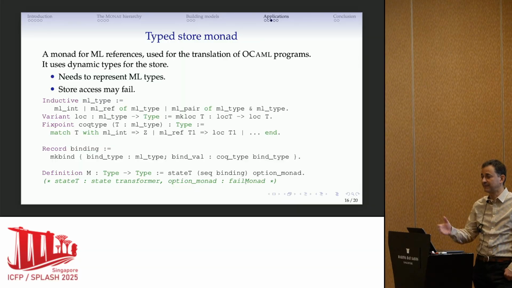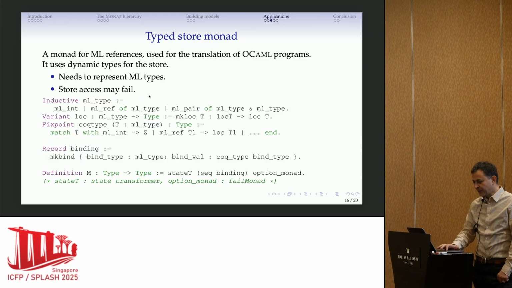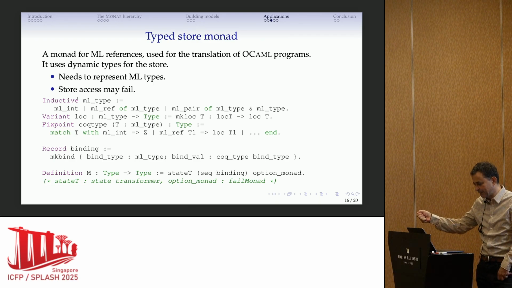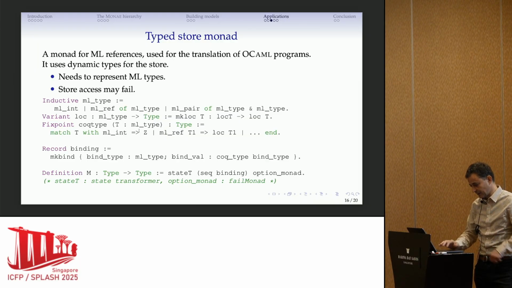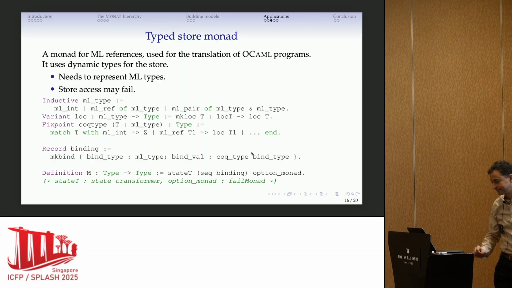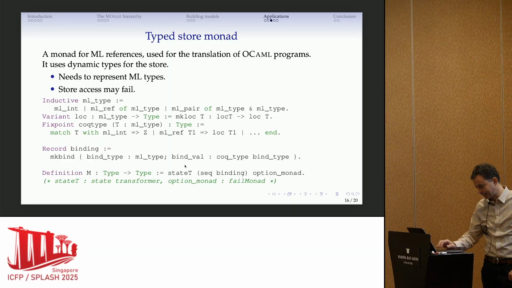The option monad itself is an instance of the same monad. Okay? And in order to make this work, we need this notion of defining what is an ML type and a translation from ML type to Coq type, which will allow us to define our store. A cell in the store is just a type and a value of this type, defined by this Coq type function.